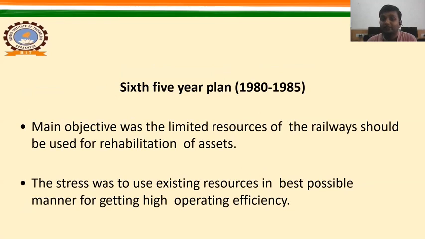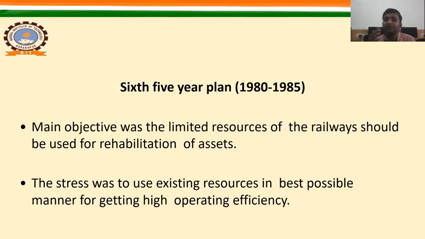Now coming to the sixth five-year plan, it ranges between 1980 and 1985. The main objective was that the limited resources of the railways should be used for rehabilitation of assets, and the stress was to use existing resources in the best possible manner for getting high operating efficiency.